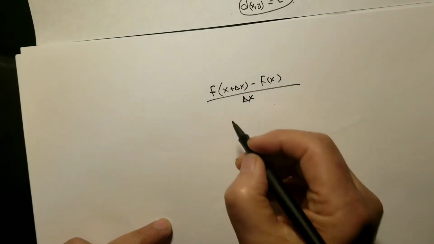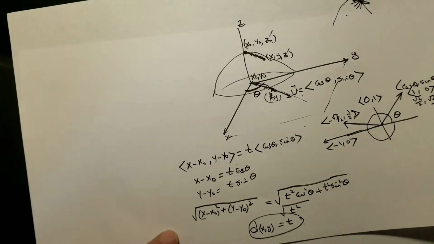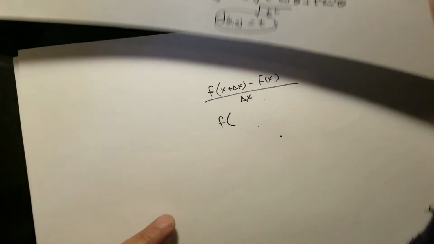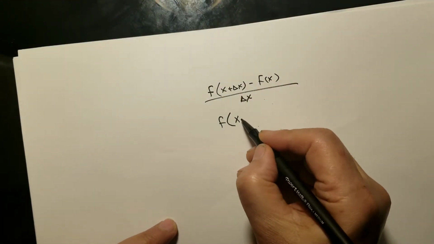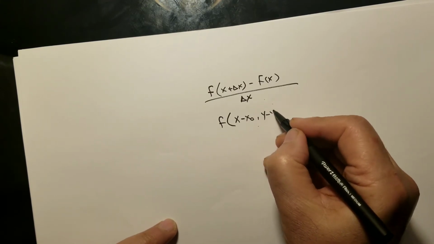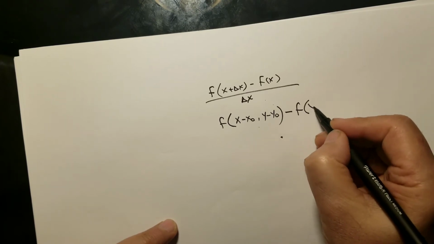But in here I have a multivariable function. This is my x, this is my y. Therefore I have f of x minus x naught, comma, y minus y naught, minus f of the starting point.